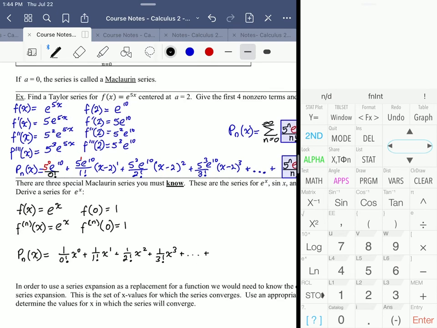So that's consistent with the summation where n starts at 0 and goes to infinity. So if my initial value, my exponents and my factorials and all that good stuff has a 0 in it, or is comprised exclusively of zeros, then you're in good shape. It's a nice place to start.